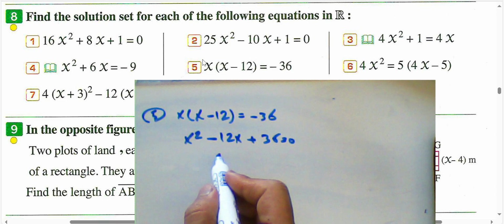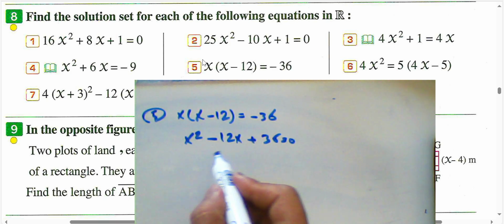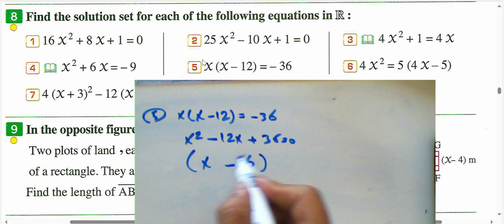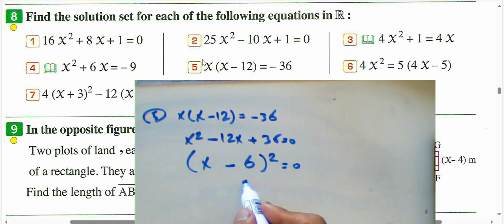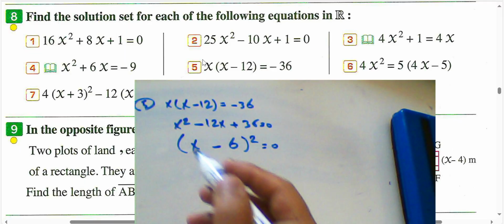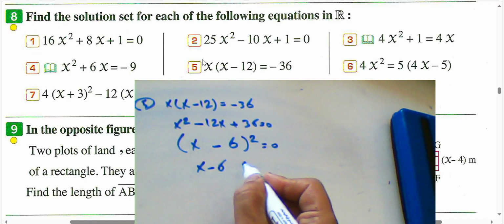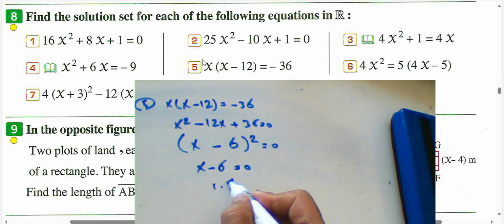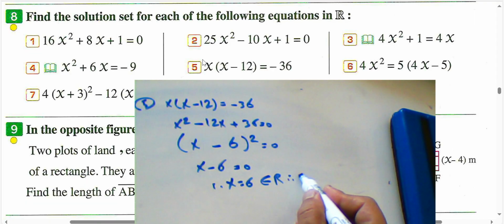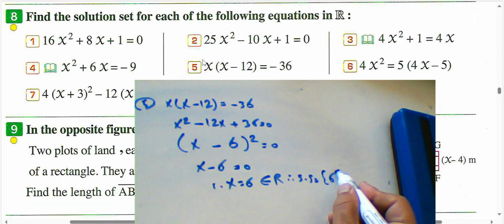Then we can factorize this expression. We call it a perfect square: square root of the first and the third and the sign of the middle, all power 2 equals 0. We can take the square root of the left hand side and right hand side. Then the answer here will be x minus 6 equals 0, so the value of x equals 6. It is a repeated real root, then the solution set will be 6.